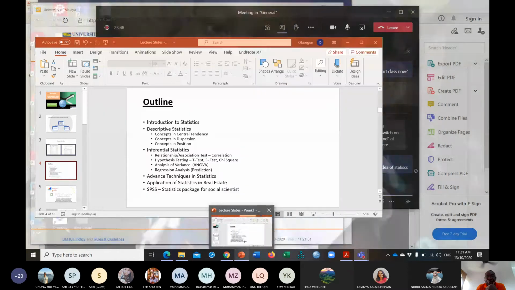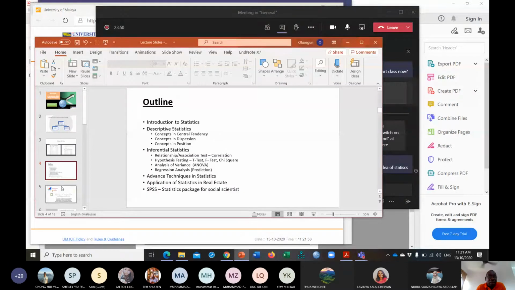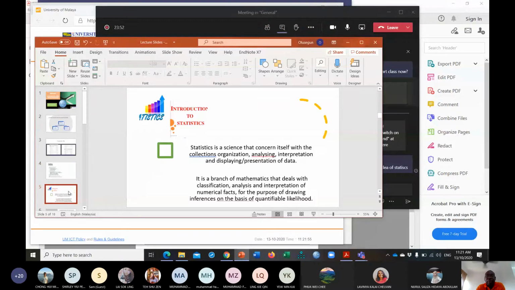So, okay, let's look at my brief explanation of statistics. We say statistics is a science that is concerned with collection, organization, analysis, storage, interpretation, display, and making decisions out of data.